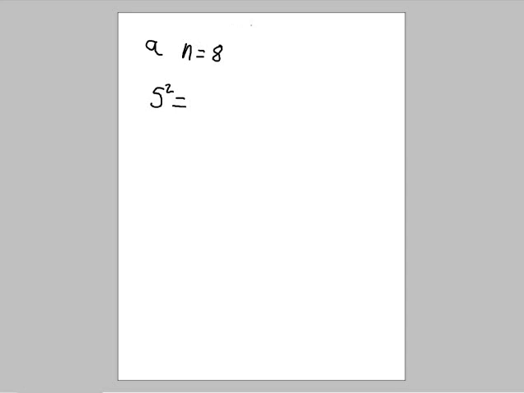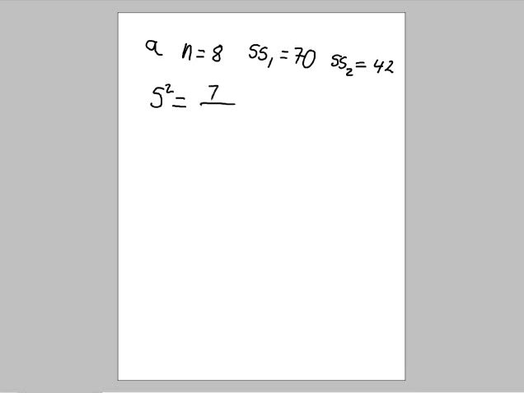The SS for sample 1 is 70, and the SS for sample 2 equals 42.